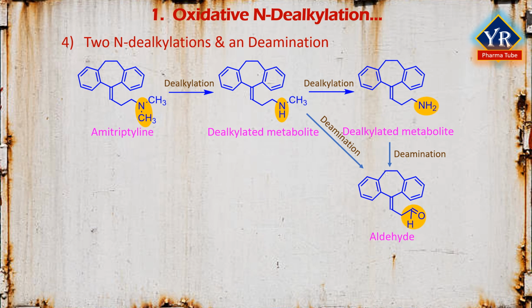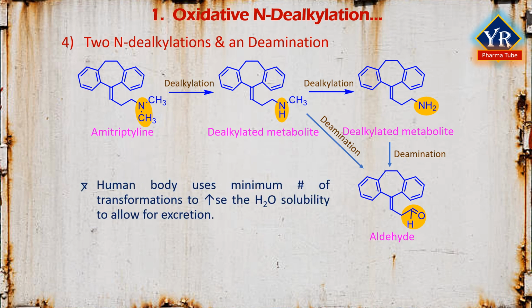Returning to a previously discussed concept, the human body uses only the minimum number of these biotransformations that it needs to enhance the water solubility of the drug and allow for its excretion. For some drug molecules, all of these steps are required. For others, perhaps only one or two methods.